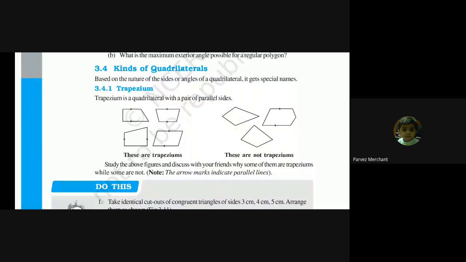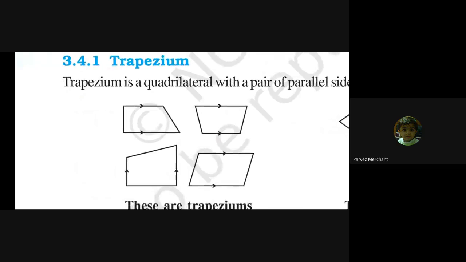If in a quadrilateral only one pair of opposite sides is parallel, then it is known as a trapezium. Again, I am repeating: in any quadrilateral, if only one pair of opposite sides is parallel, it is known as a trapezium. You can see many types of trapezium given here. In these, the arrow lines show the parallel lines.